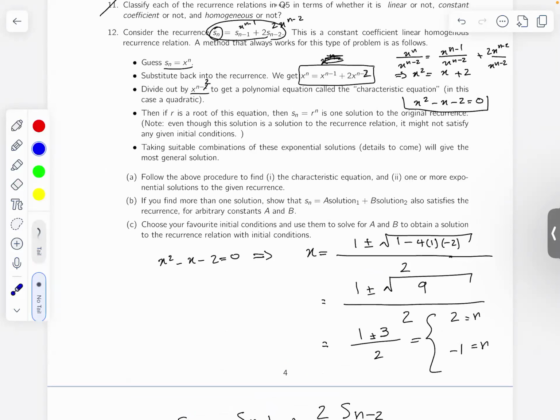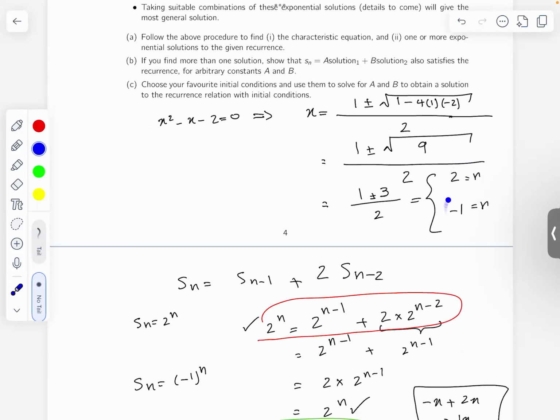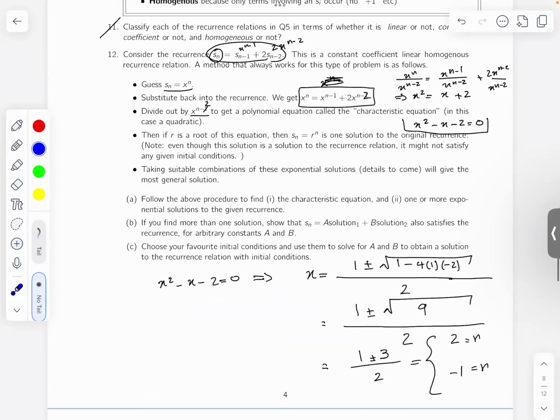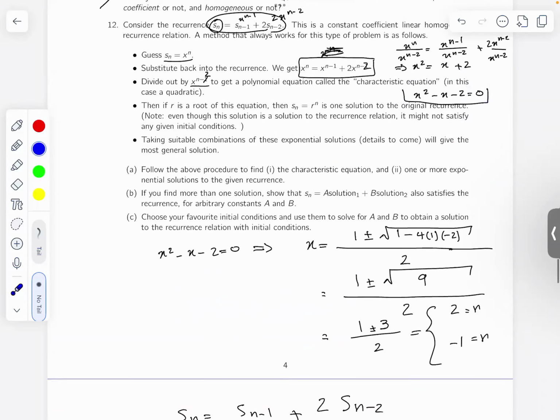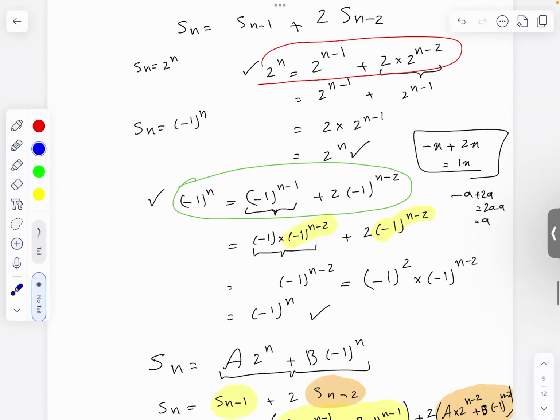Okay, so if you find more than one solution, show that Sn, A times solution 1 plus B times solution 2, also satisfies the recurrence. Okay. Did we find more than two solutions? Yes. R power 2 equals R plus 2. The characteristic equation was, this guy is the characteristic equation. Did we show that each of them is a solution? Yes.